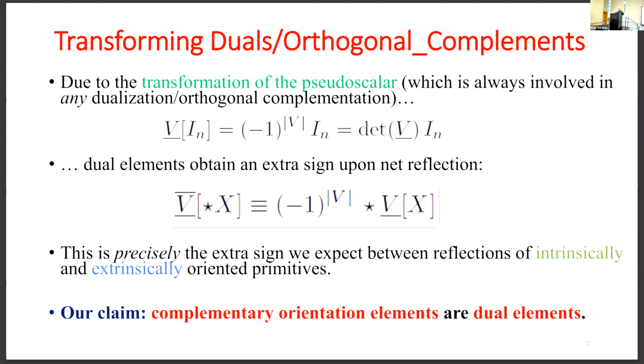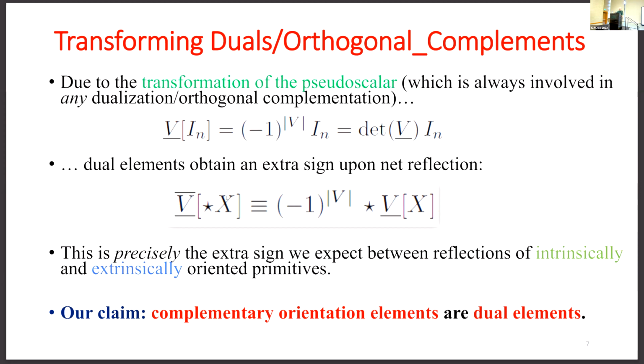Well, what happens when we do reflections? We know what happens to the pseudoscalar, which is the volume element of the space. If I have a versor made of an even number of reflections, it doesn't change. If I have it of an odd number of reflections, it does change, because this is just the determinant of V times the volume element.